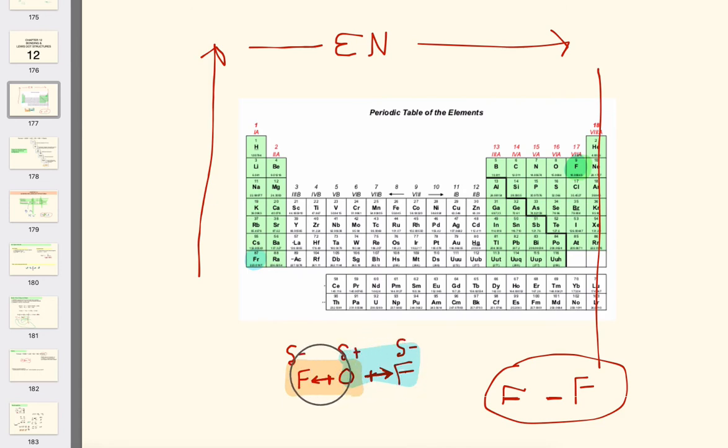This bond has a polarity, that bond has a polarity, but the entire molecule itself has a polarity. That's what we were talking about earlier with the Lewis dot structure cascade that I showed you. The overall polarity is determined by the shape, the sum of all of the bonds.